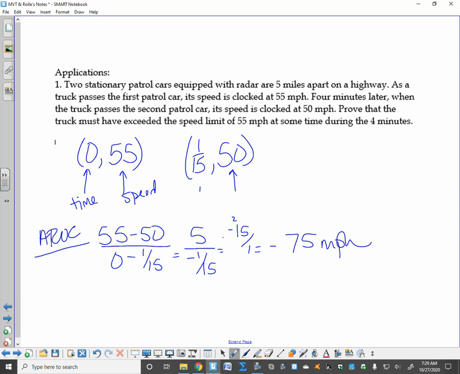Okay, I'm going to say that again. You write what you want to write. The MVT, now this is MVT, not Rolle's. If we're talking Rolle's, we would say that his speed didn't change. Okay, MVT says that there must exist an instantaneous rate of change on the interval 0 to 1/15, where the speed equals 75 miles per hour.